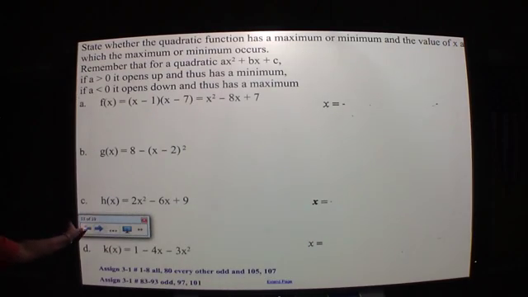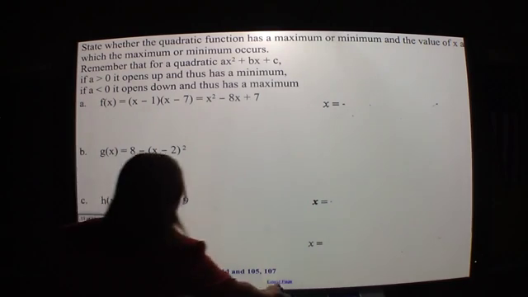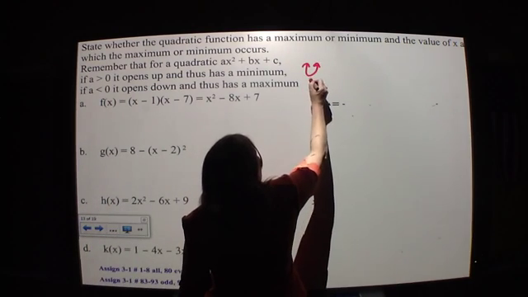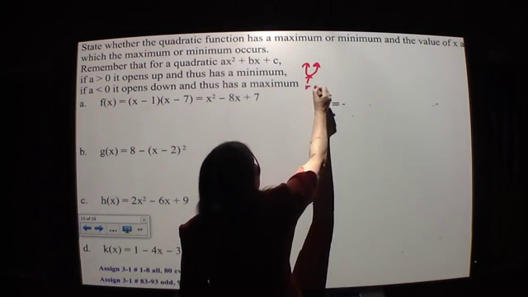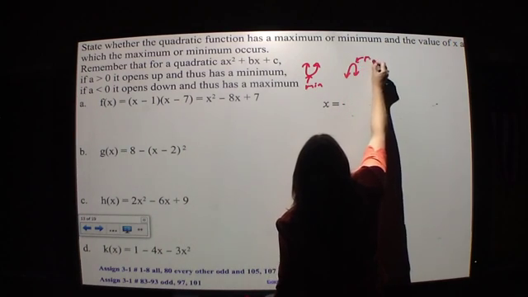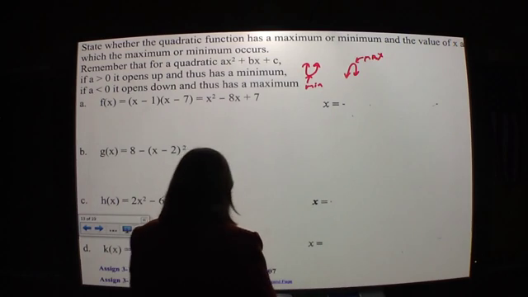Next page. This is the last page. State whether the quadratic has a maximum or minimum, and at what value of x the maximum or minimum occurs. Remember, if it opens upward, it'll have a minimum. If it opens downward, it'll have a maximum.